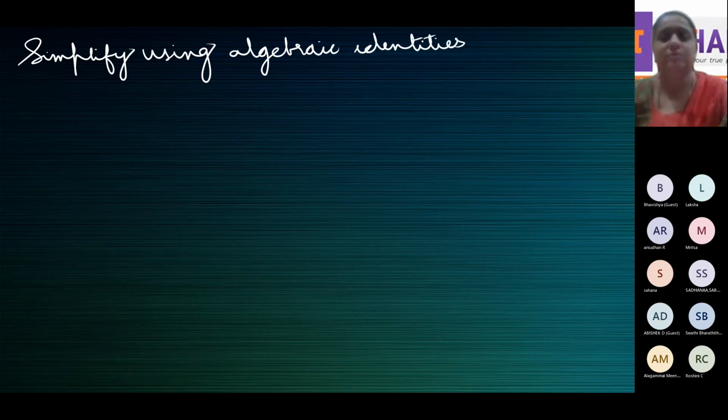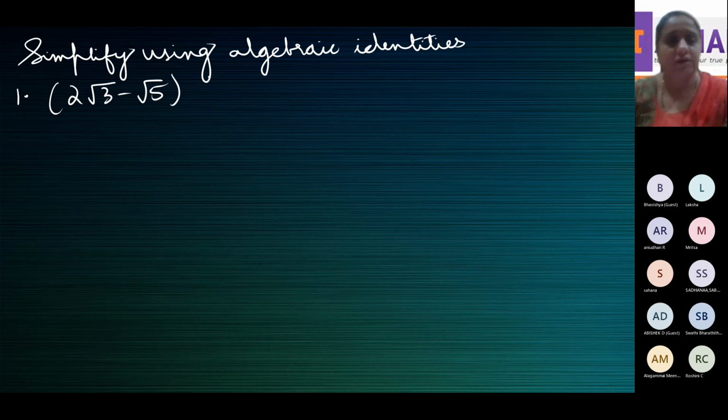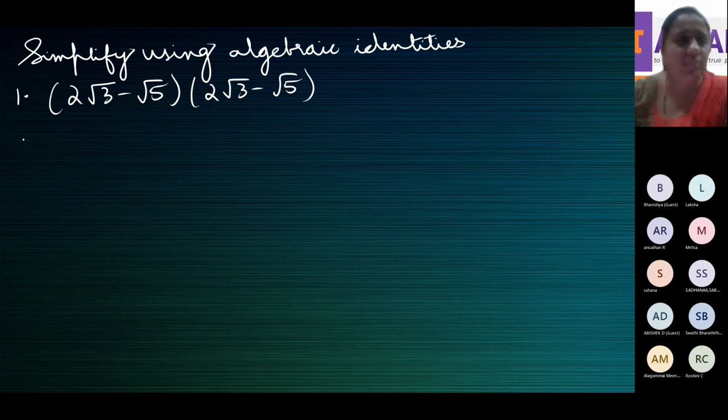Simplify using algebraic identities. All right. So if you have 2 root 3 minus root 5 into 2 root 3 minus root 5. Listen very carefully, children. Any questions you can ask me? See here. Supposing you have to multiply these two using an algebraic identity.